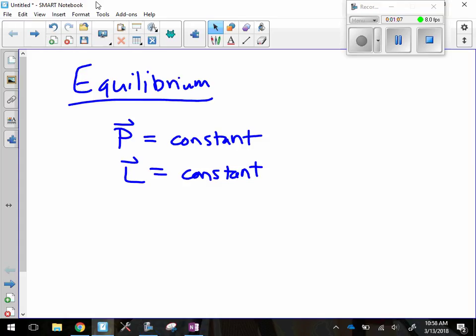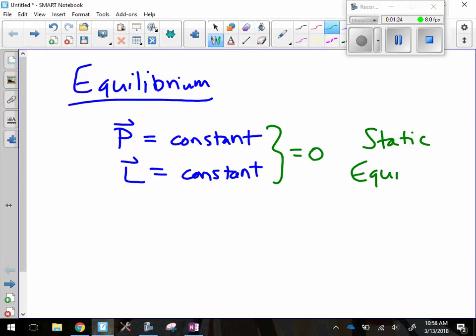We are, for this chapter, mostly considering objects in which these are going to be equal to 0. Okay? And that means when these are equal to 0 that we are talking about static equilibrium.